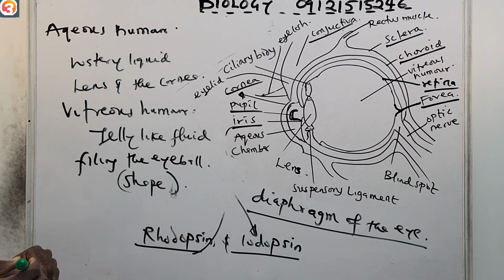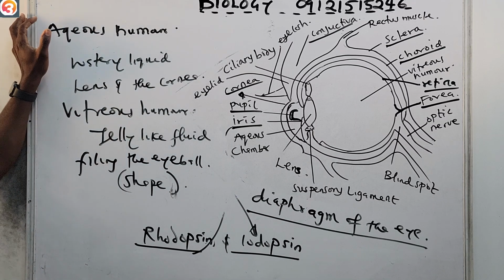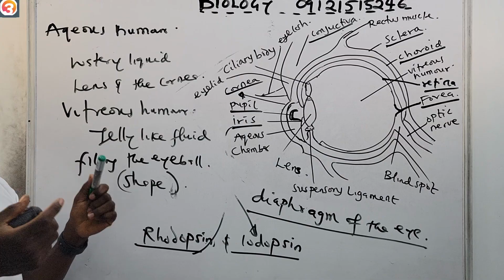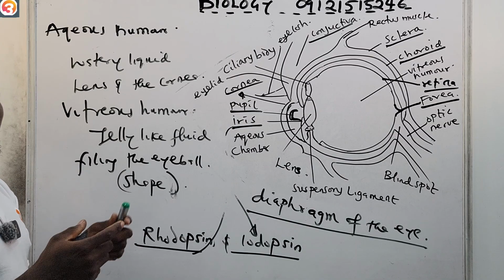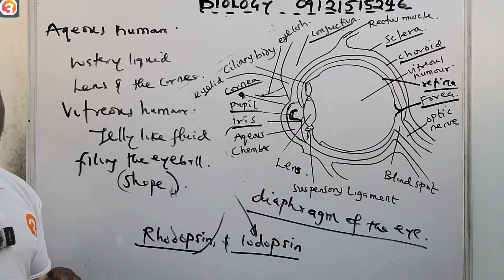So in the outer layer, we find the aqueous humor, a watery liquid found between the lens and the cornea. We also have the vitreous humor, the jelly-like fluid filling the eyeball, which gives it shape. The aqueous humor helps to nourish the eye, while the vitreous humor gives it shape.